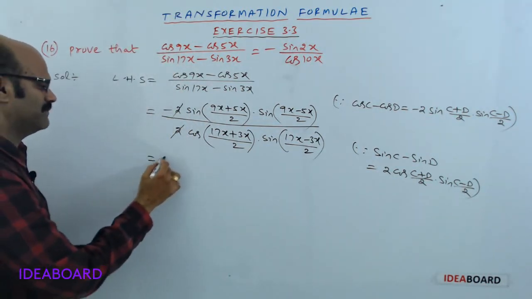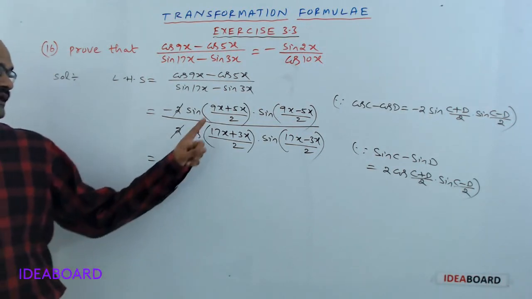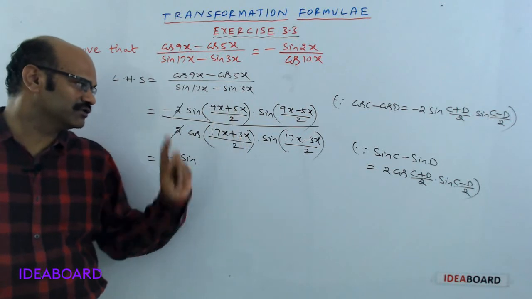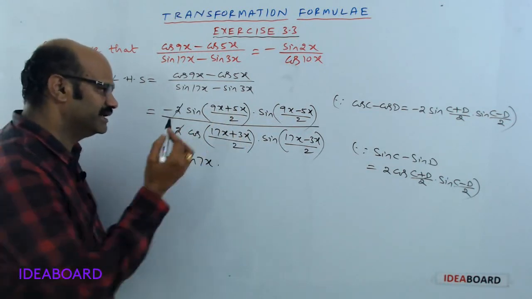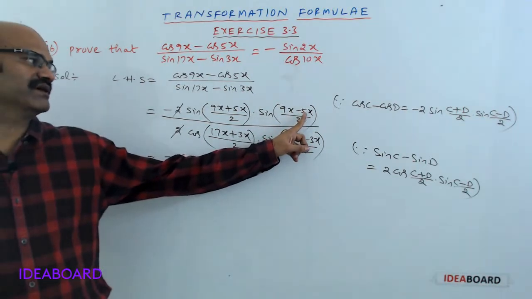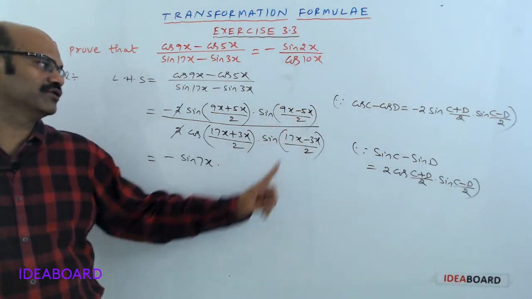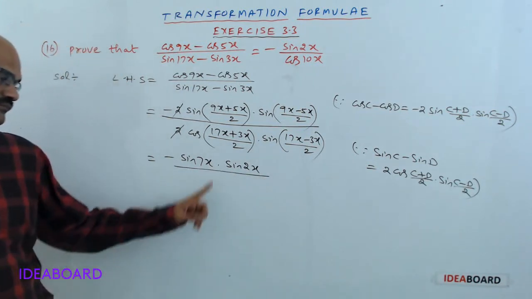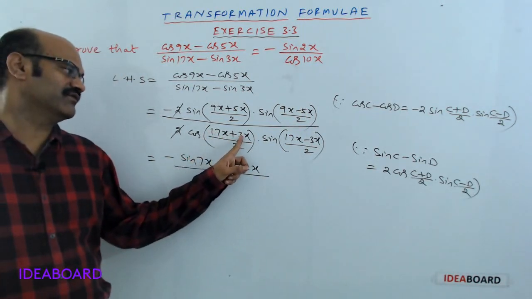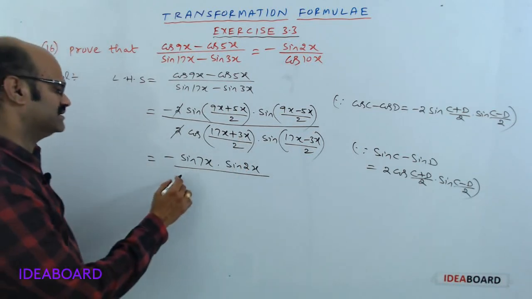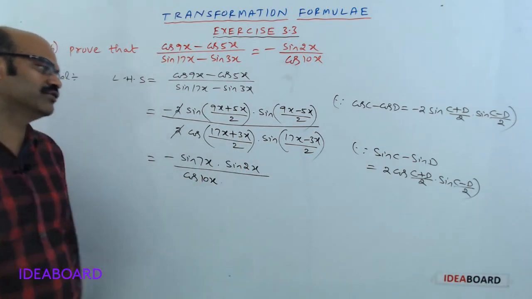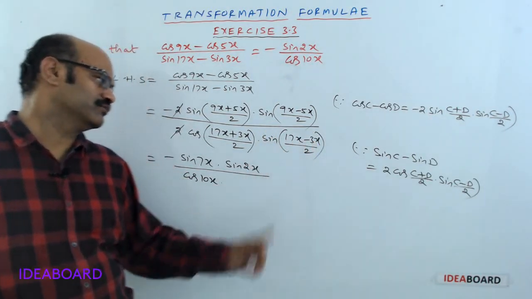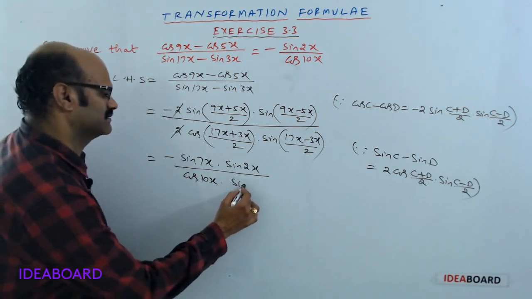2 cancels, minus sin of, here 9x plus 5x equal to 14x, 14x by 2 equal to 7x, into 9x minus 5x equal to 4x, 4x by 2 equal to 2x, into sin 2x, whole by 17 plus 3, 20, 20x by 2, 10x, into 17 minus 3, 14, 14x by 2, 7x.